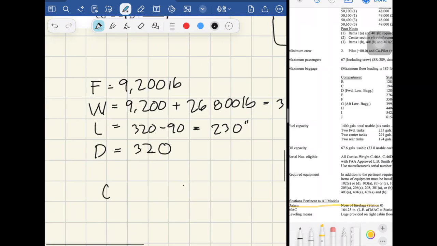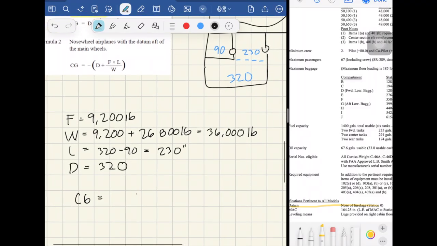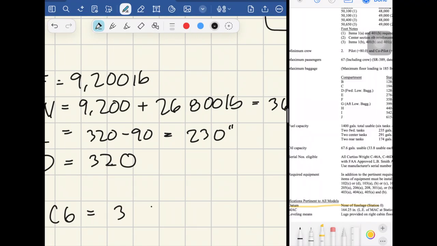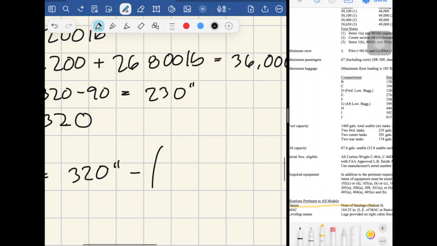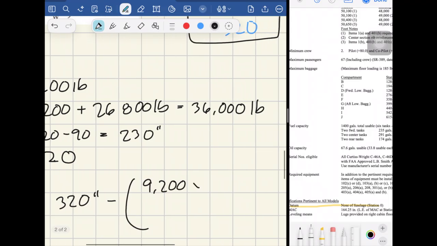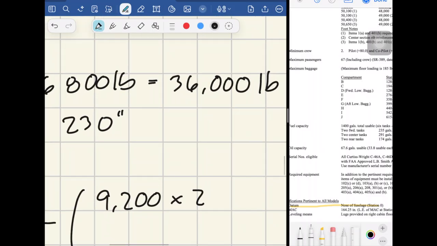That's going to be CG equals D, and our D is 320 inches, minus, open parenthesis, F, which is 9,200 pounds, and then our L is 230 inches.